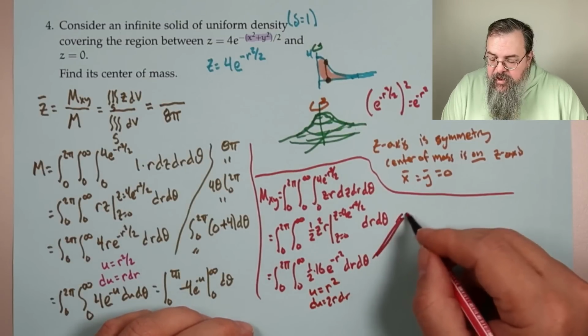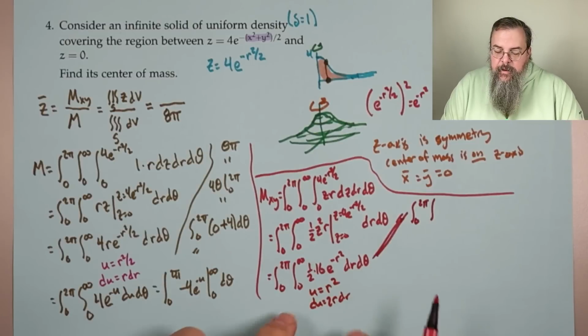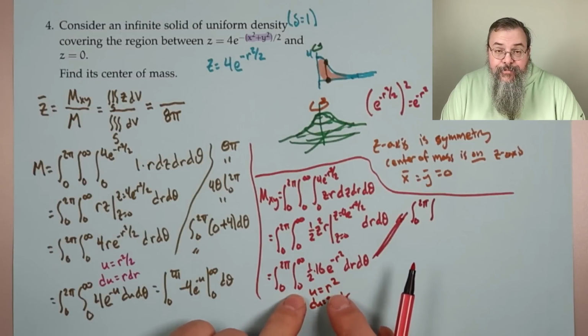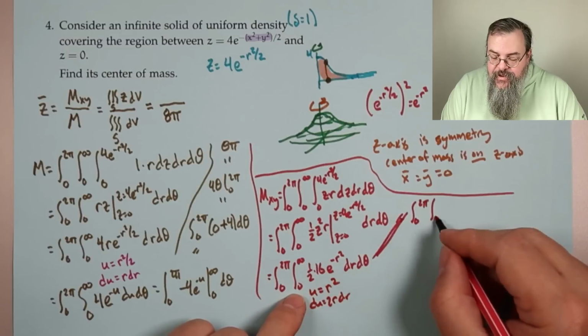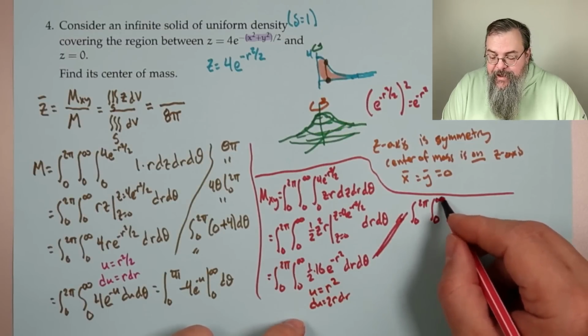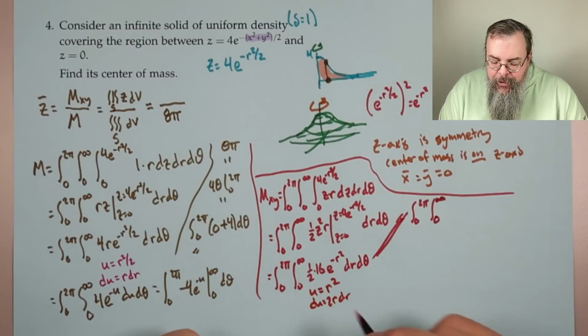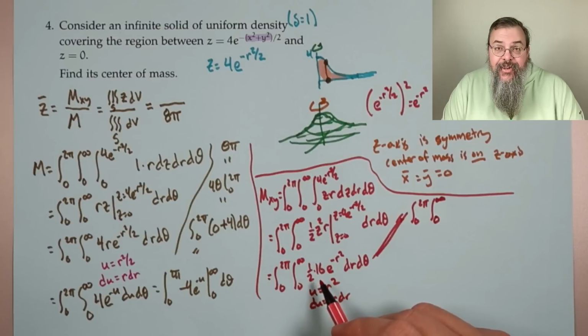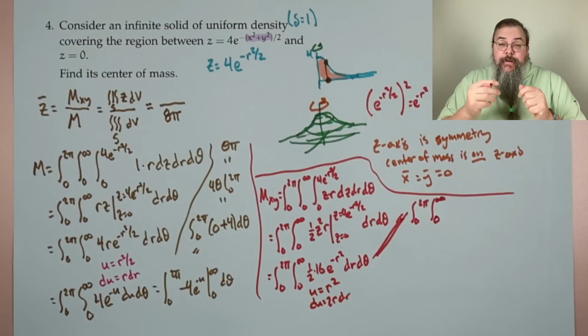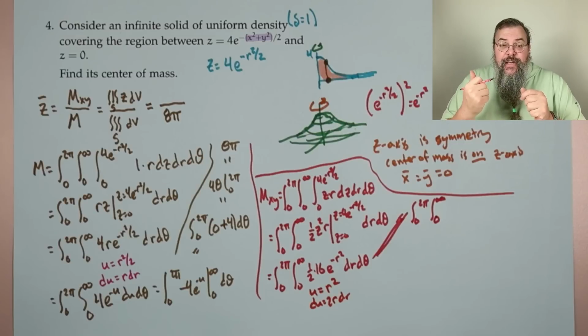Well, this becomes integral 0 to 2 pi. Now, plug in 0. 0 squared, 0. Plug in infinity. Infinity squared, infinity. Really think of it as big squared, big. All right. 1/2 times 16 is 8. From that 8, I'm going to take 2 of that 8 and join it with the r dr to get du.